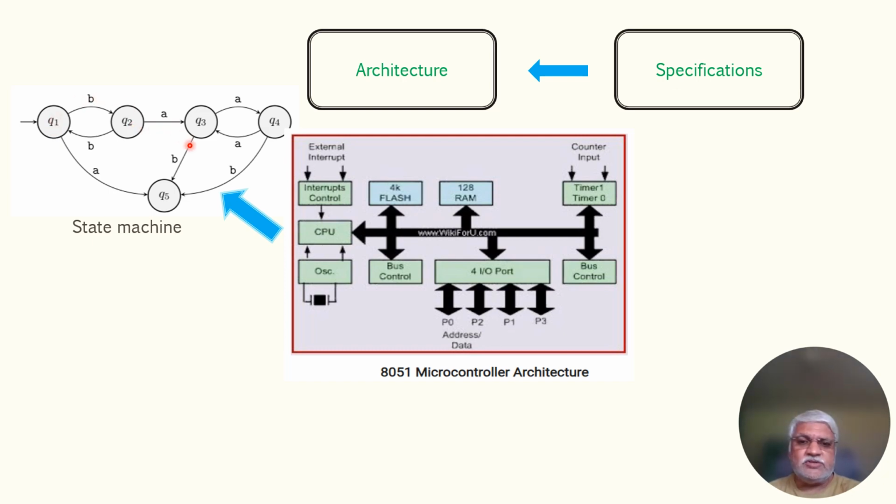For example, this specific state will move from here to here based on a specific trigger. The same trigger may occur between these two, but based on where the state is, it will move to the next one. So the current state and the input values or triggers will determine the next state, and that state is unique. That is why this is called a finite state machine.